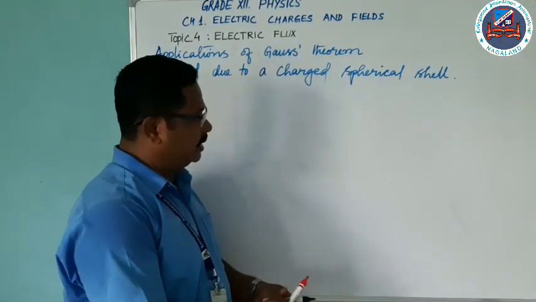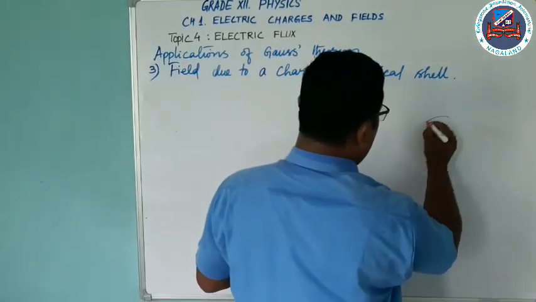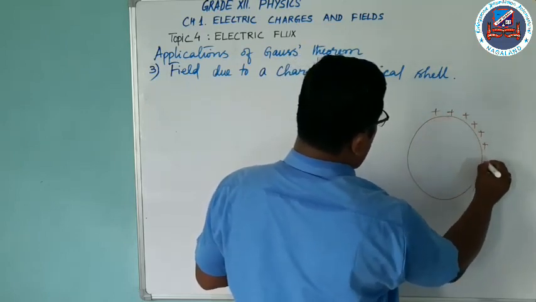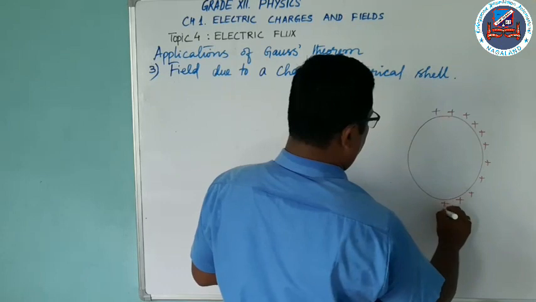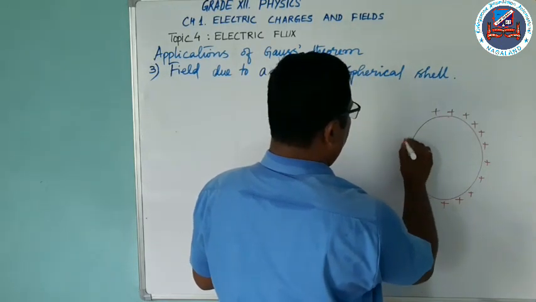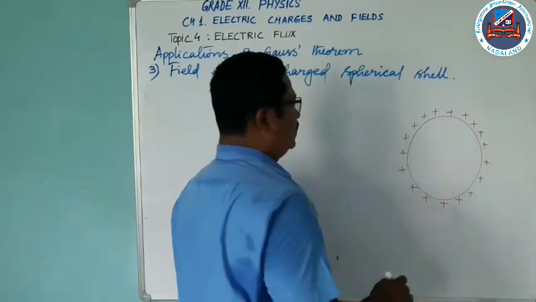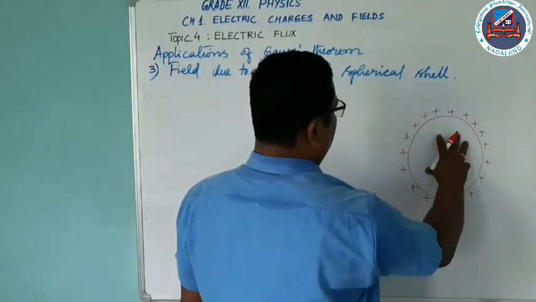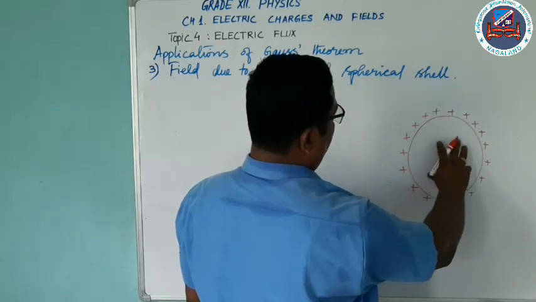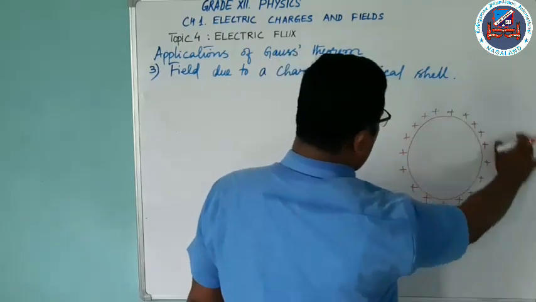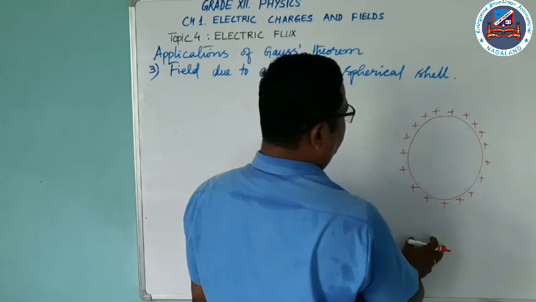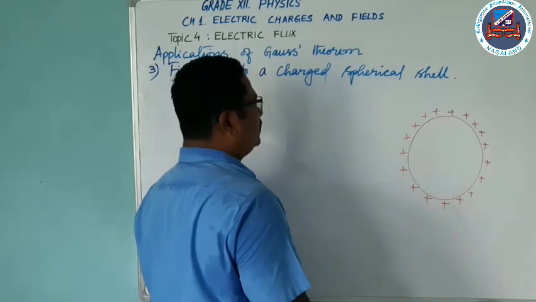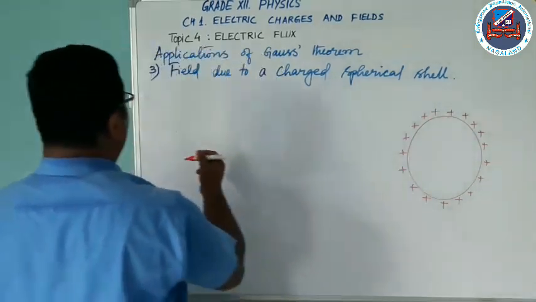In the case of a charged sphere, suppose this is your charged sphere. Charges are distributed on the surface. Three cases will arise because in a shell, inside is hollow. Inside, then outside, you can find out the electric field, and you can find it even on the surface of the sphere. So one by one let us see. Case 1.